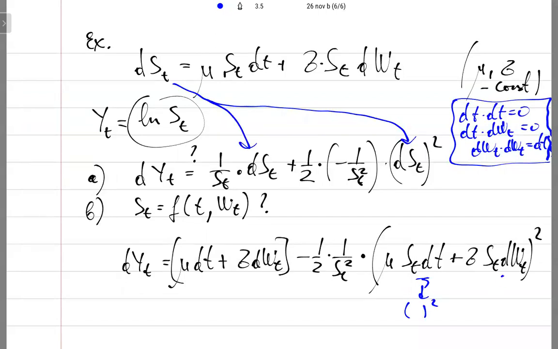This one will be squared, but dwt squared is dt, giving sigma squared St squared dt, plus 2 times 0. If you recall, (a plus b) squared is a squared plus b squared plus 2 times a b.